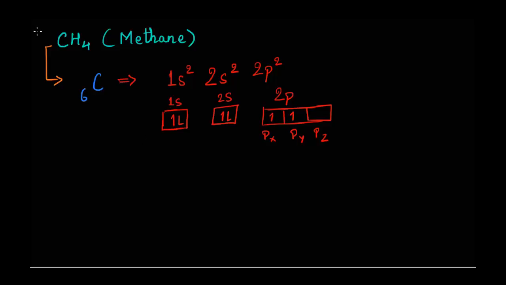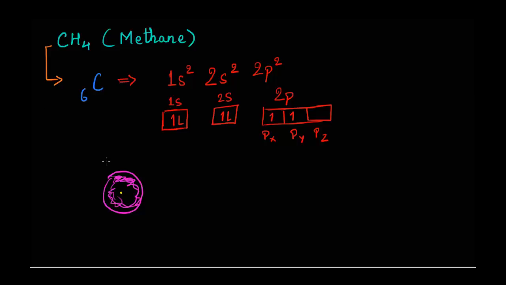Now if I have to draw all this in space, how will I draw it? Let's say this is the nucleus of carbon. I have the 1s orbital here with two electrons.